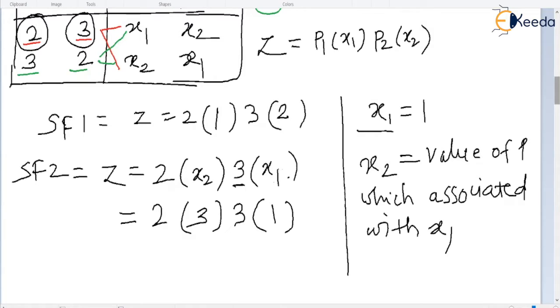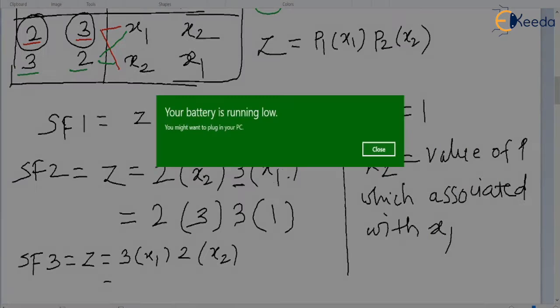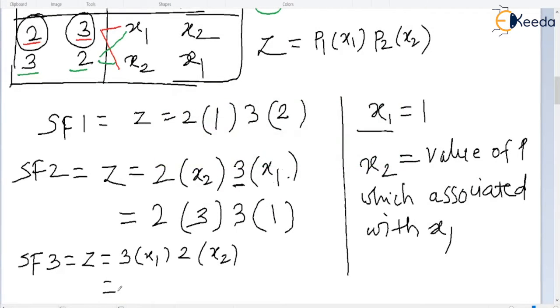Now similarly we go with SF3. SF3 also: Z is equal to, now here we have first 3 in bracket X1, then 2 in bracket X2. For 3 in bracket 1, 2 in bracket X2, the value associated with P1 is 3, so we make it 3.